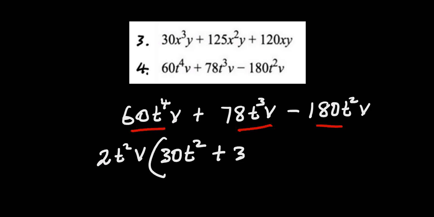This will be 39t, and 180t squared v divided by the GCF. This would give us 90.